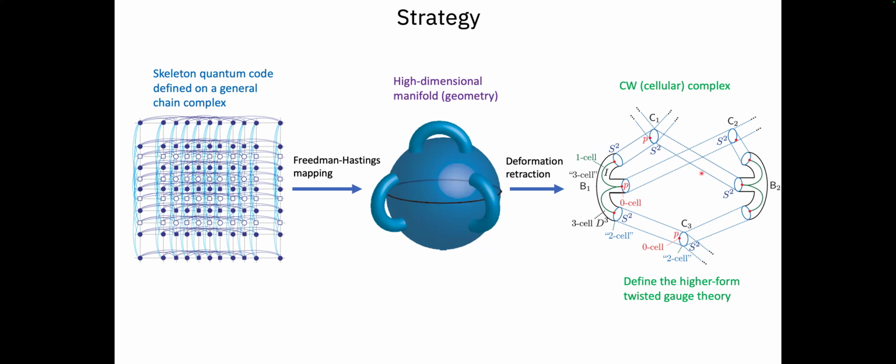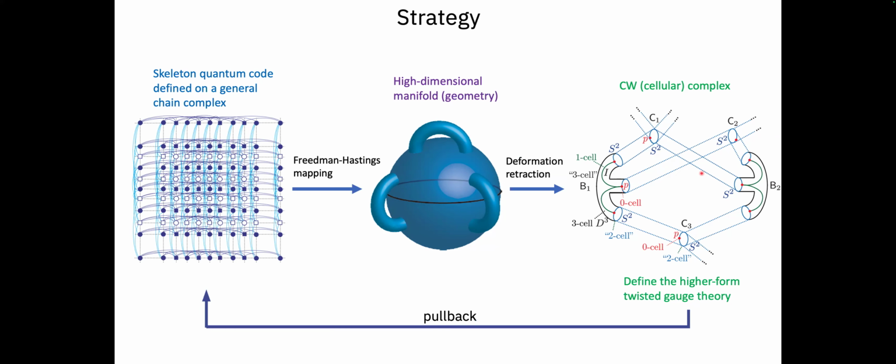So it can be considered as some extension from the triangulation scenario. And finally, we can also pull back the gauge theory defined on this CW complex to the original skeleton chain complex, which you might have no idea how to build if you directly look at this.